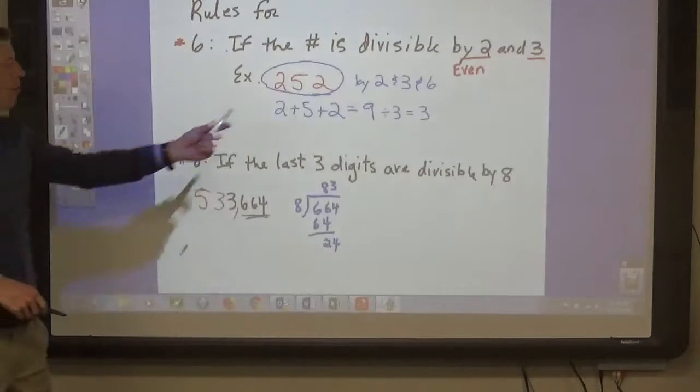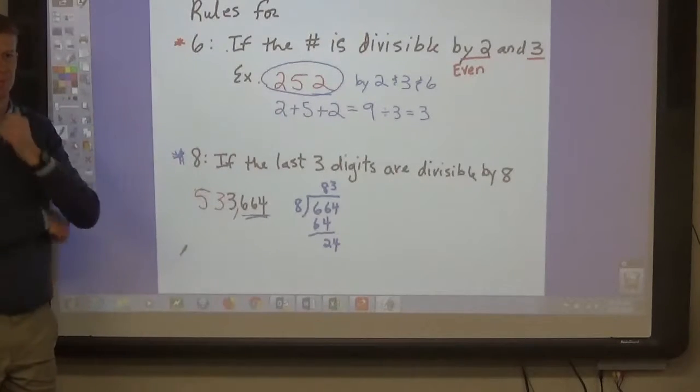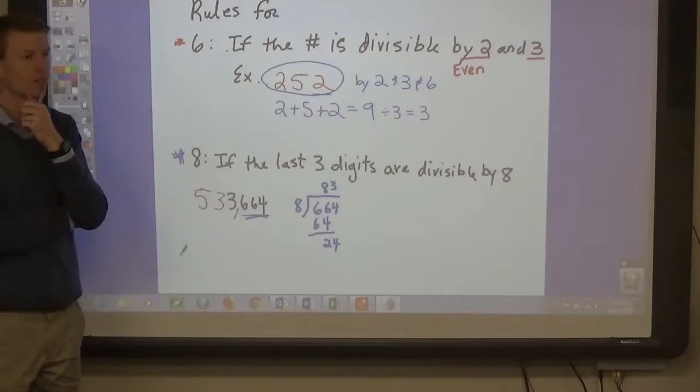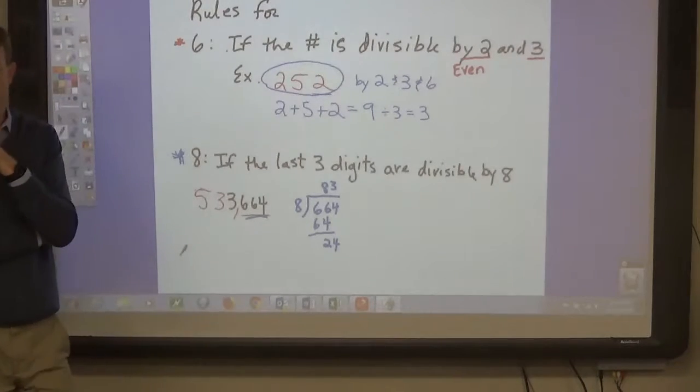Is this number divisible by 4? How would you check? What's the rule for 4? Look back at the rule for 4.